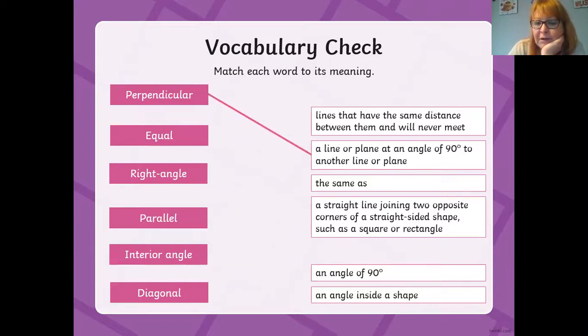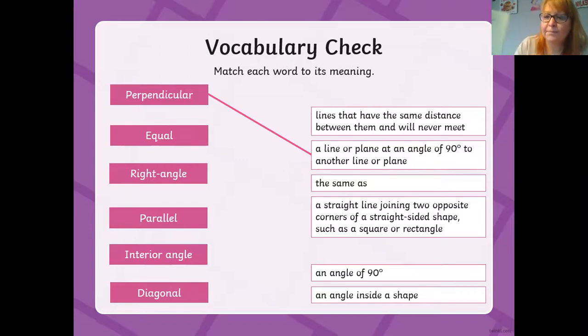Right, so perpendicular. So a line or a plane at an angle of 90 degrees. If you think of perpendicular lines, they make a 90-degree angle. I'll draw that and show you.